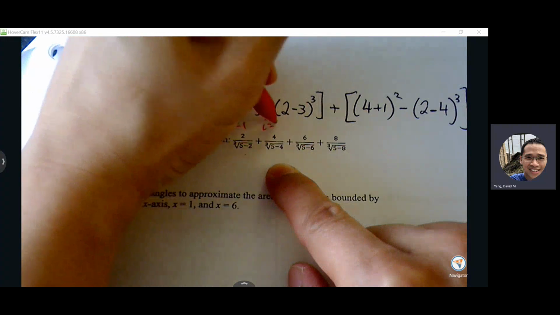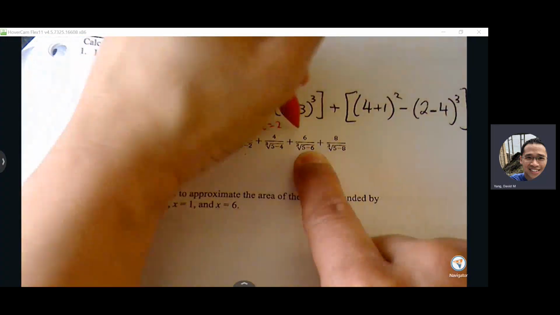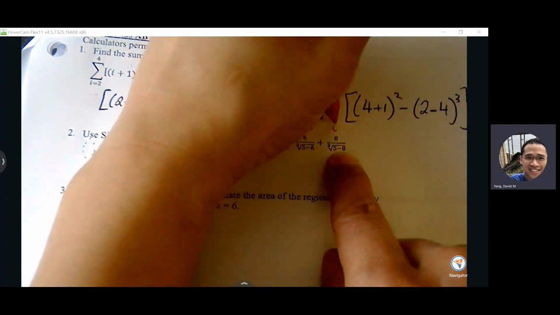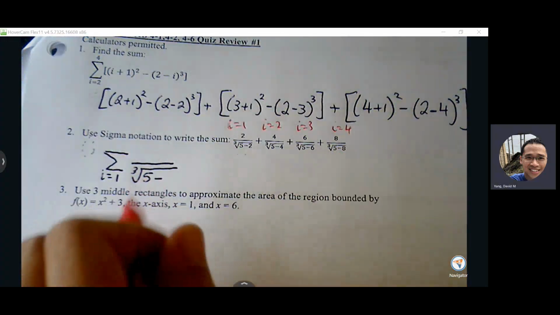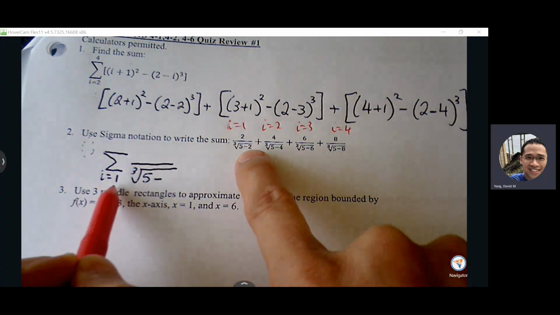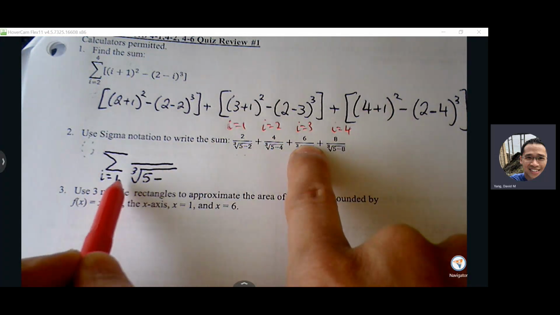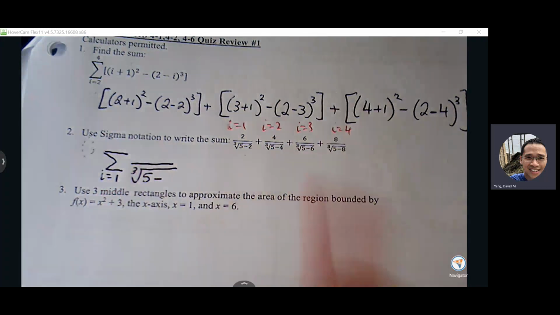If I plug i equals 2 into an expression, it'll produce this. i equals 3 will produce this, and i equals 4 will produce this. So is there something I can create up here that will give me 2 if I plug in a 1, 4 if I plug in 2, 6 for 3, and 8 for 4?